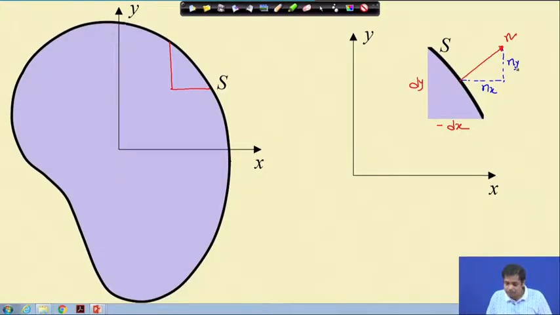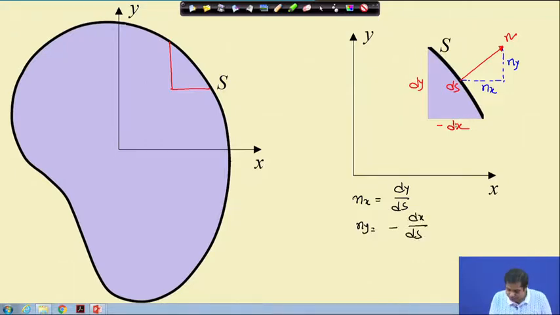How are nx and ny related? If the distance along the surface is s, the entire surface being S, we can write nx equal to dy by ds, and similarly ny equal to minus dx by ds.